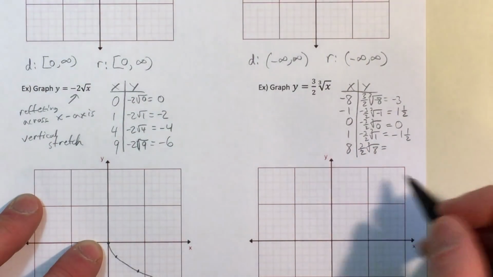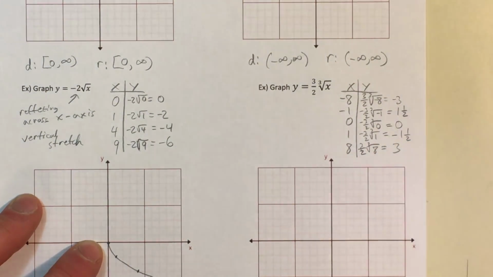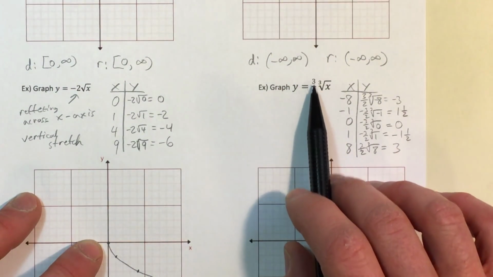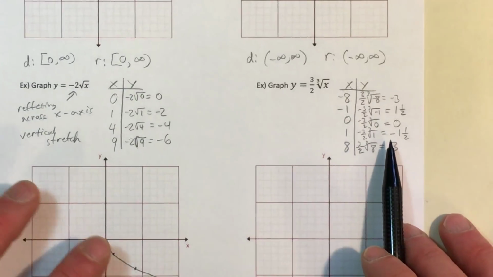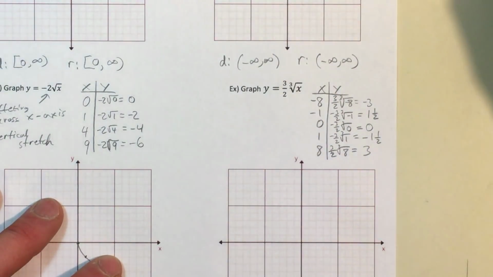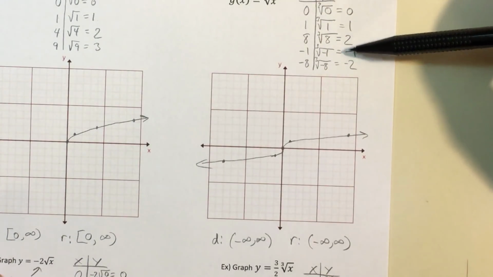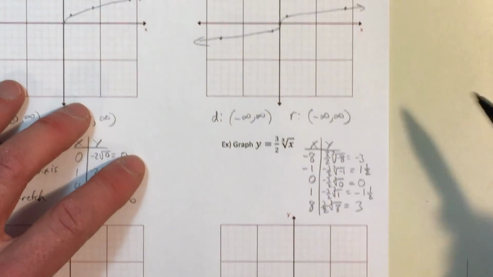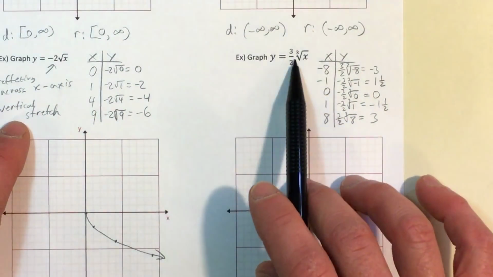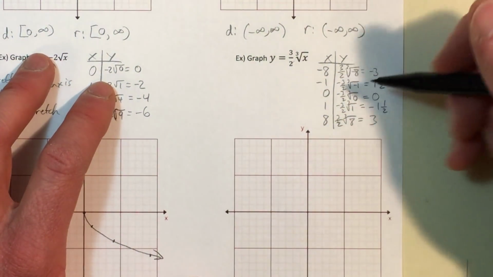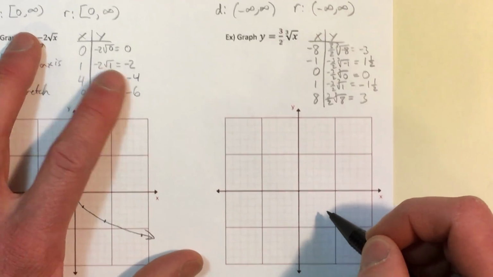Cube root of 8 is 2. The 2's divide out. You're left with a -3. Now notice, class, 3/2 was bigger than 1. And notice these values are bigger than what they were up above, the y values. So what this is going to do is make it a vertical stretch. 3/2 was bigger than 1. It's going to be a vertical stretch. So let's take a look at it.